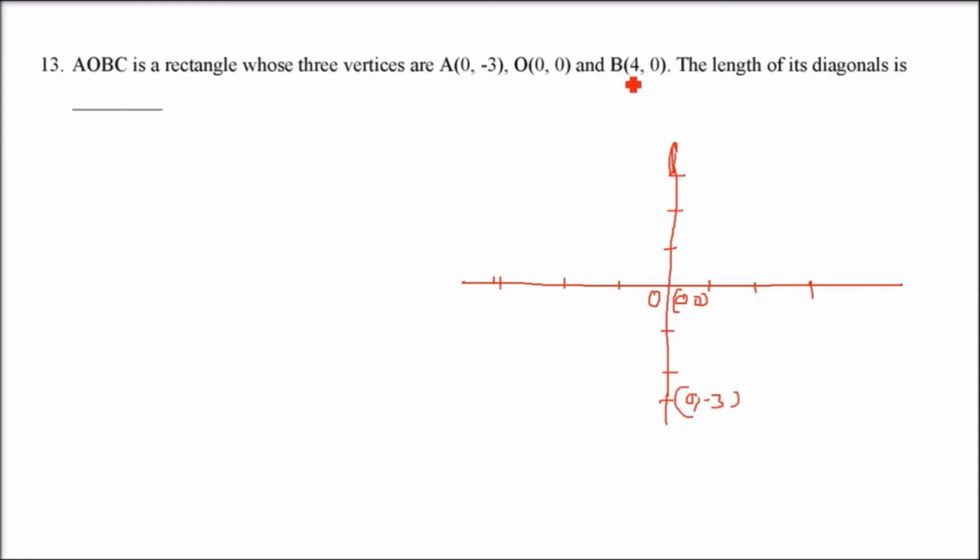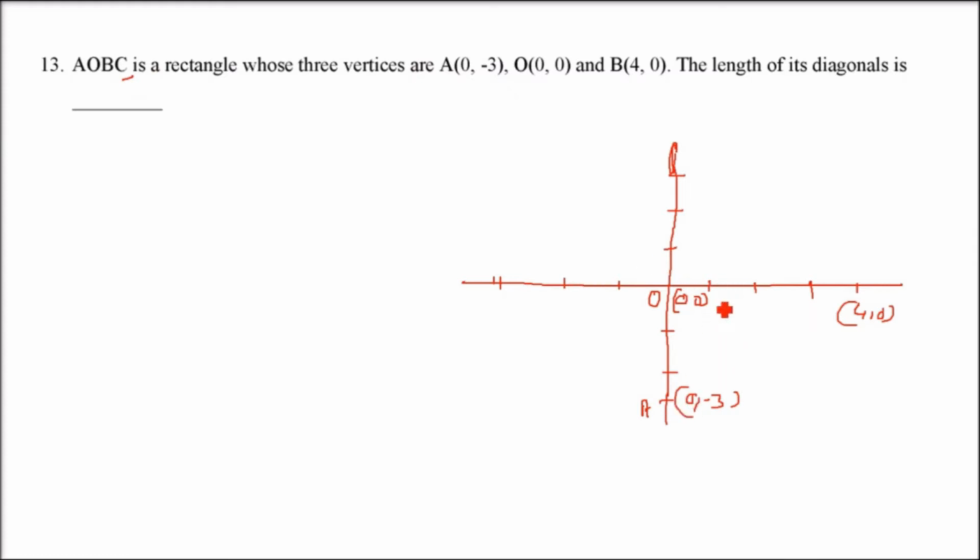O is already located, 0, minus 3 is this point, and this point is A. Point B is 4, 0. So let me write A here, and B is 4, 0. Now B is done, C is remaining.